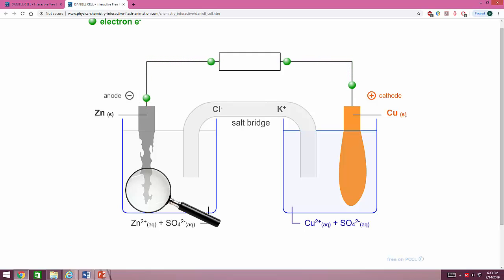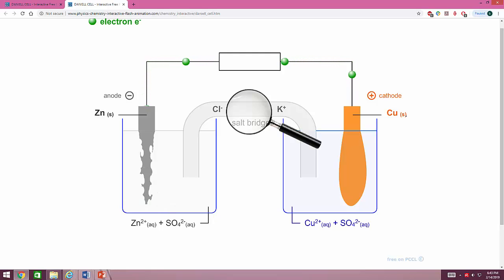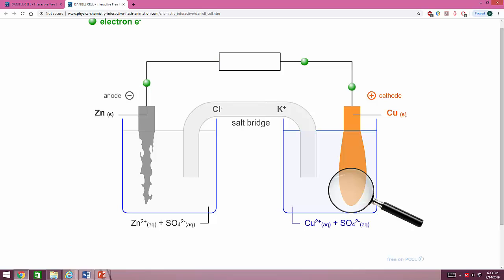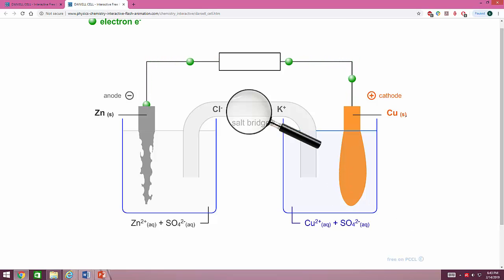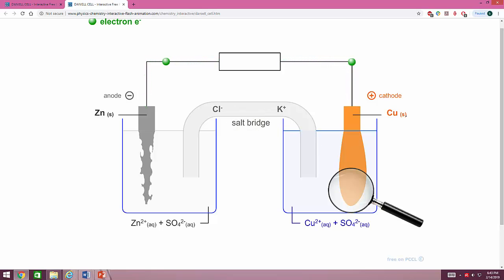An anode will lose mass. This is called the electrode. So the anode electrode loses mass. An anion from the salt bridge will flow through, the salt bridge will allow them to move. The anode is being replaced of ions from the anions. Cathode, reduction, gains mass. Cations flow towards the cathode.